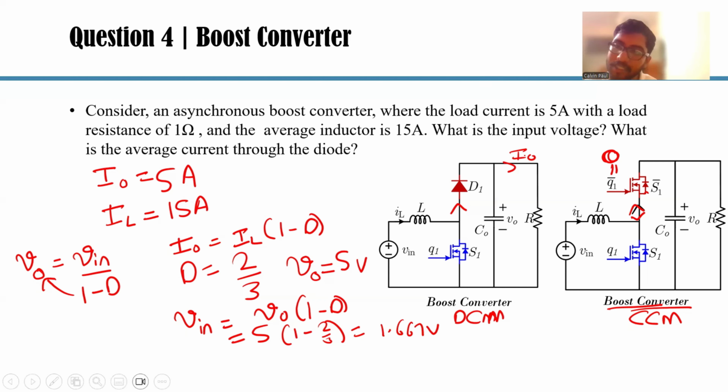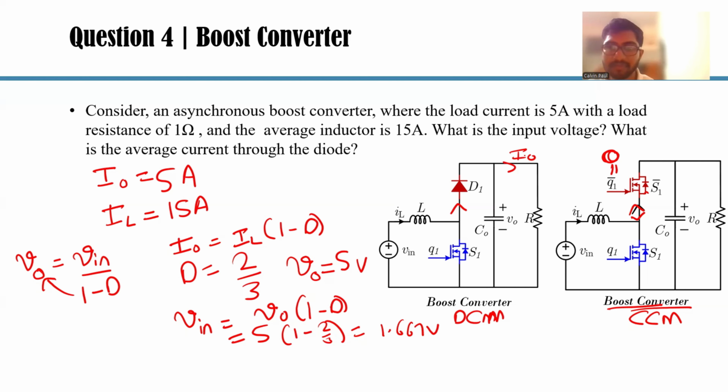So are there any doubts in this question or can I proceed to the next question? These are hard questions, I admit this is a hard question. It is lengthy, it is a little bit tricky.